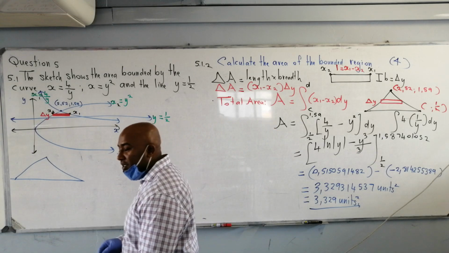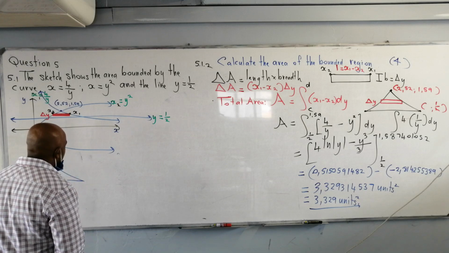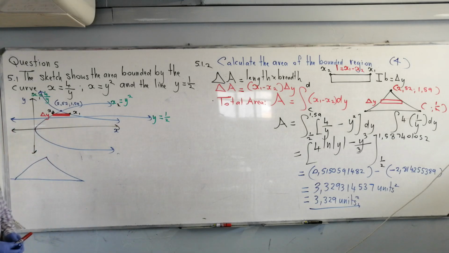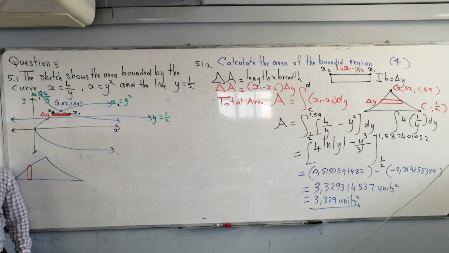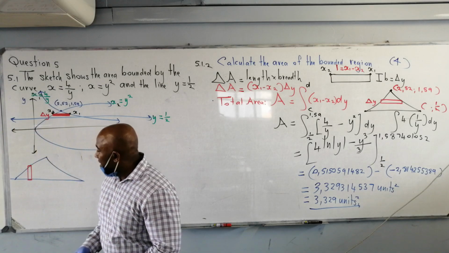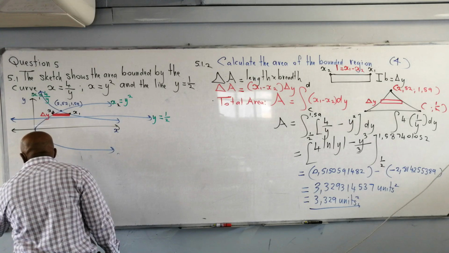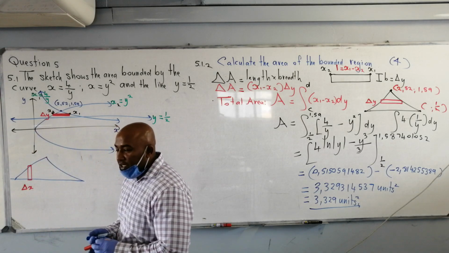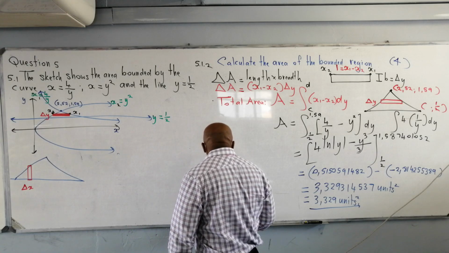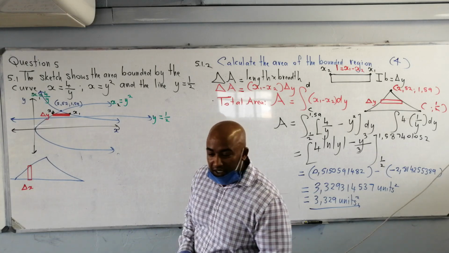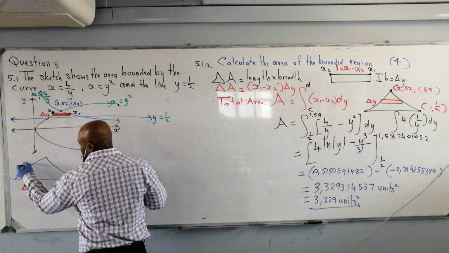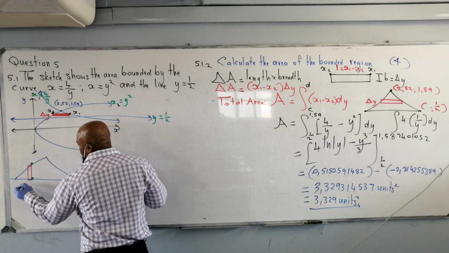Now, if we use a representative rectangle of delta x, with a breadth of delta x, let me draw my representative rectangle there. There's a rectangle with a breadth of delta x here. So now, let's check what's touching the top end and what's touching the bottom end.